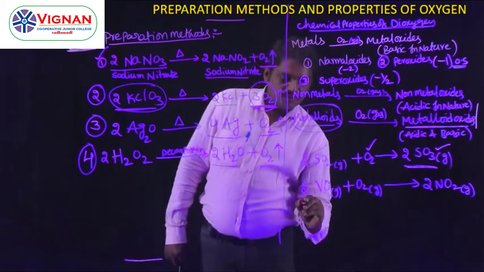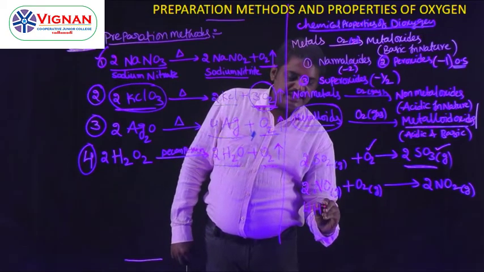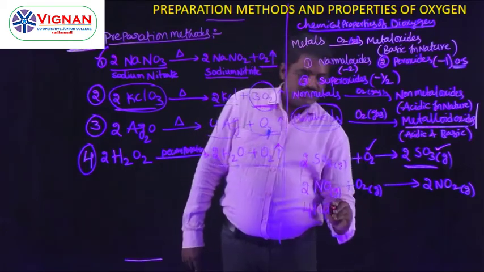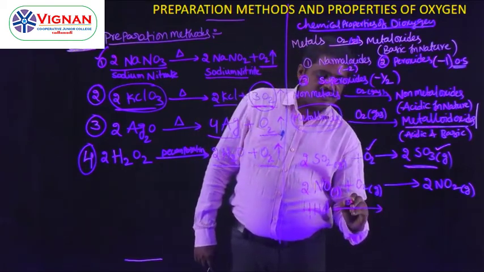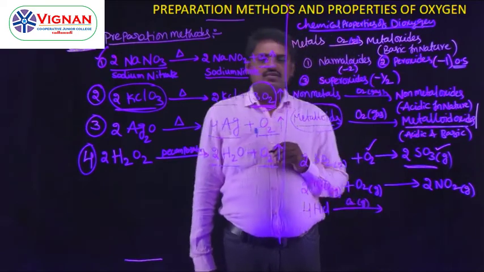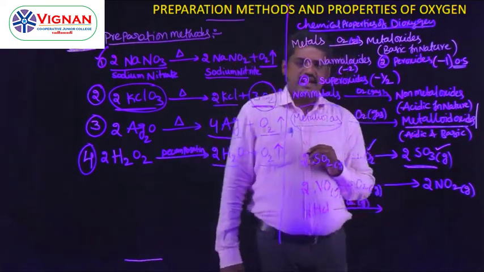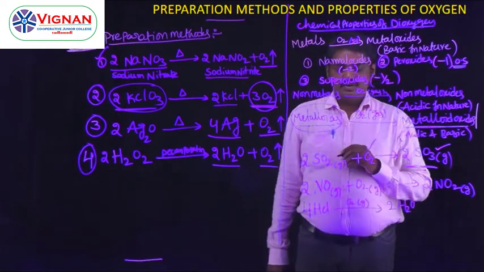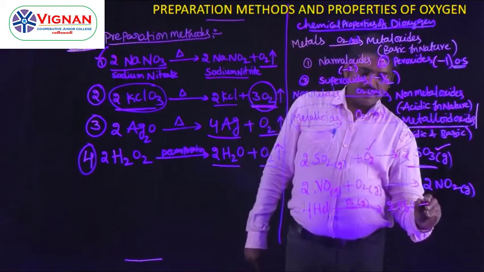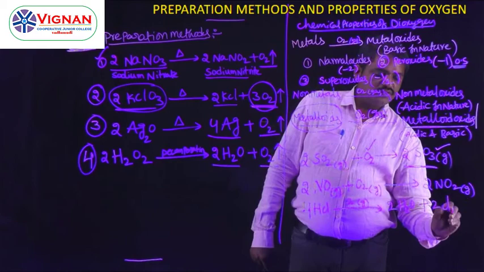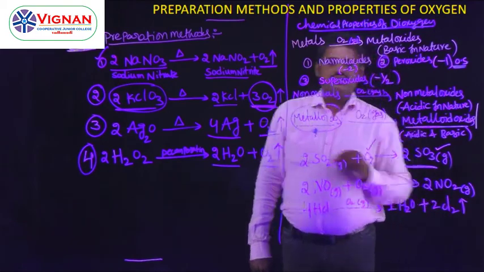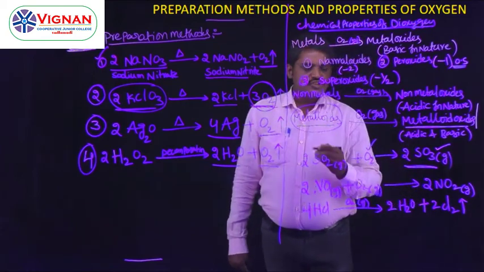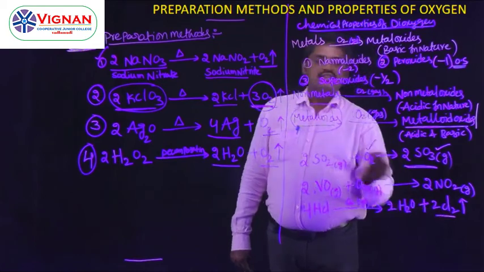For example, 4 moles of hydrochloric acid react with oxygen gas to produce 2 moles of water, and 2 moles of chlorine gas are liberated. So dioxygen is also used to produce chlorine gas.